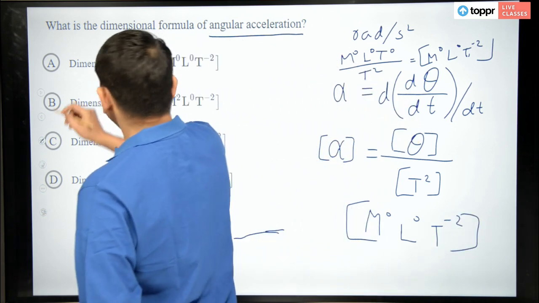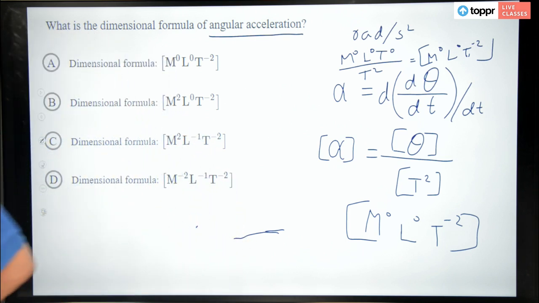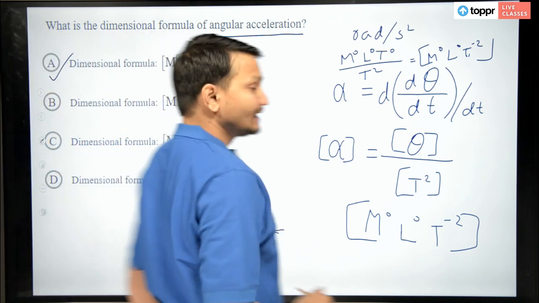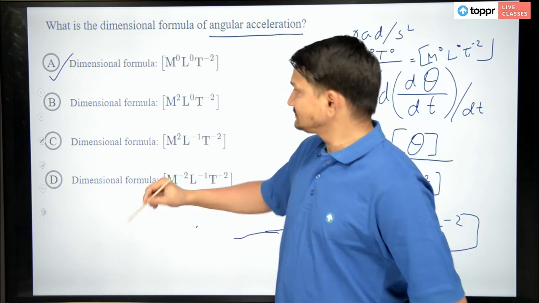I have already seen that someone has tried to answer it. Yeah, several of them have answered it, and that's good work. A is the right answer. We can move on to the next one.